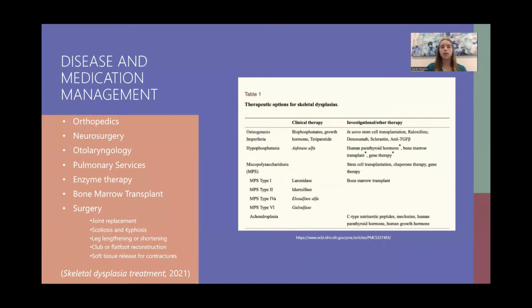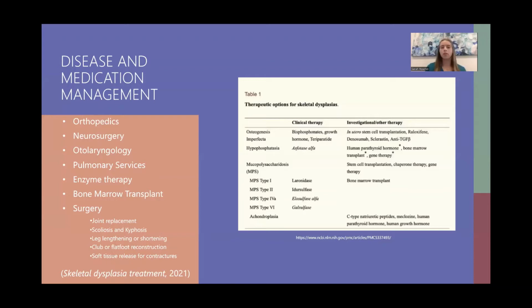So on to disease and medication management. There are several different ways to manage skeletal dysplasias. A lot of this is through orthopedics, neurosurgery, pulmonary services, enzyme therapy, bone marrow transplant, and then most commonly surgeries. There actually are not really any oral medications or pharmaceuticals that are taken currently to treat skeletal dysplasias.